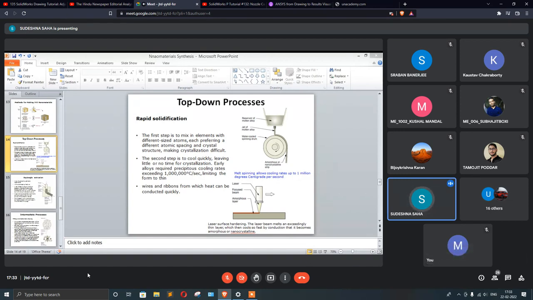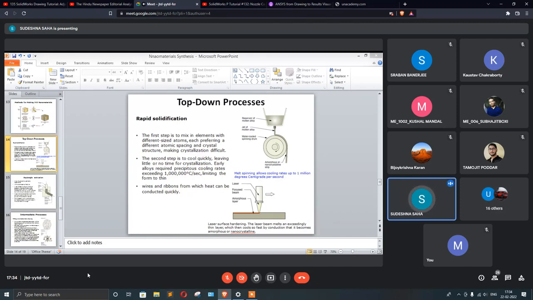But in this particular case, the trick in making nanocrystalline or amorphous material is to cast them in such a manner that you deprive the material of time, so that within no time you transform that liquid into solid. Instantly, if you can do that, then obviously it will not get time for creating larger grains, and in that way you will obtain nanocrystalline or amorphous materials out of it.